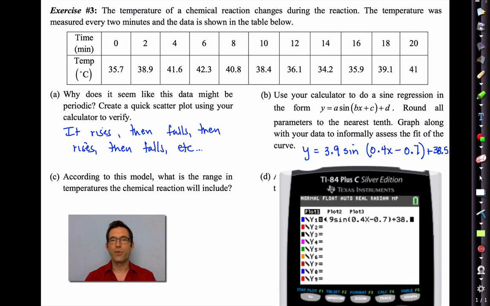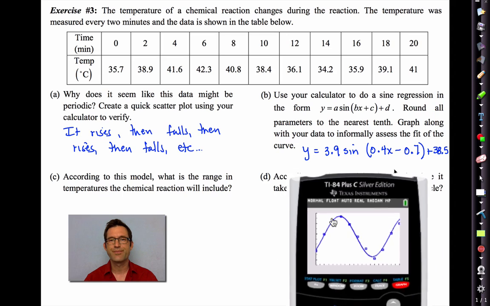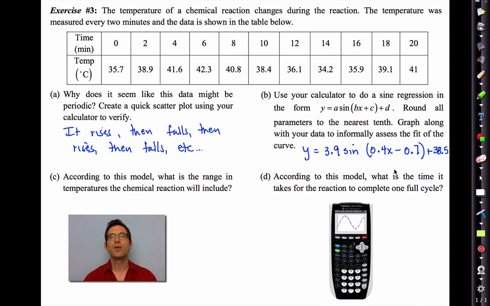Check it over: 3.9 sine of 0.4x minus 0.7, plus 38.5. All right, let's hit the graph button. And it does a pretty good job. I mean, it definitely misses some of the data, but that's true of pretty much all regression equations. Okay, so for the time being, let's put the TI-84 Plus away. We don't need it for right now.